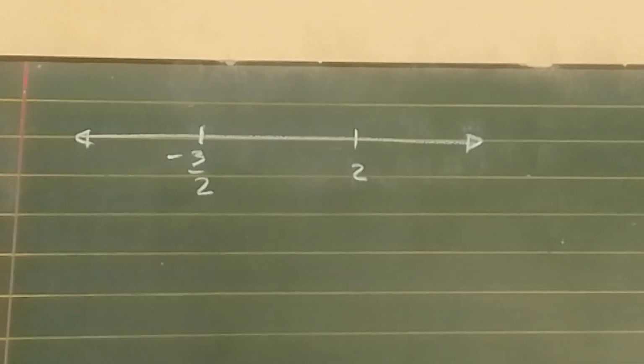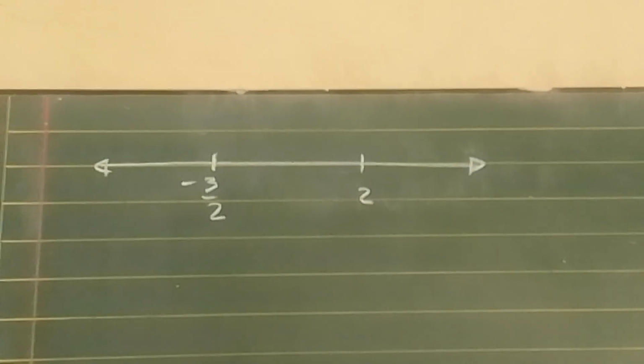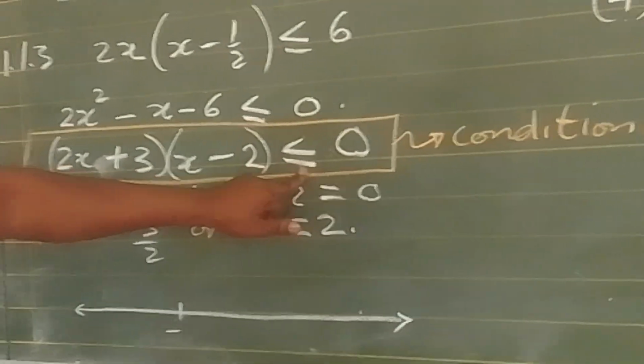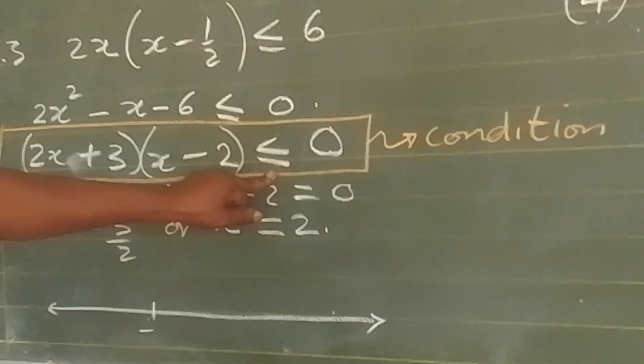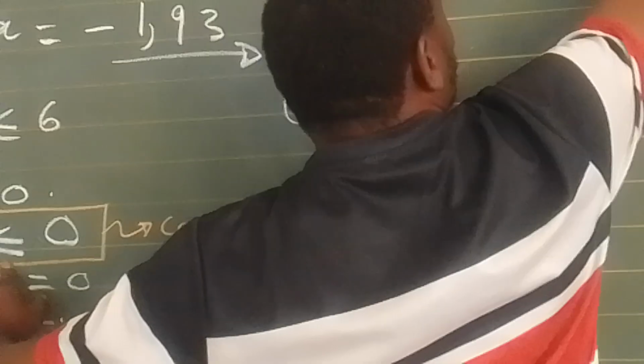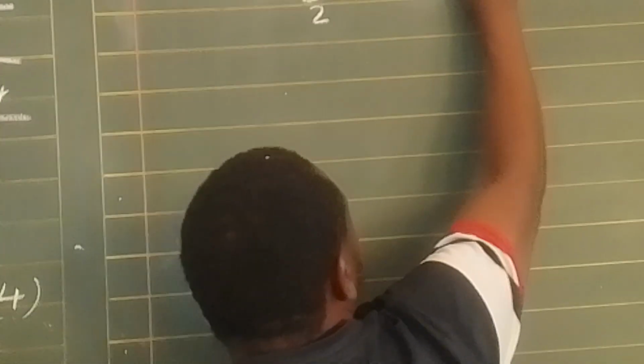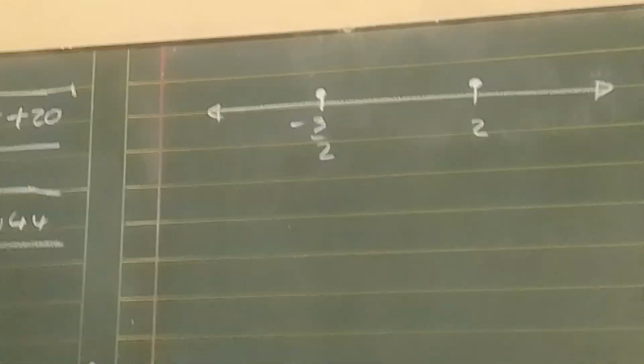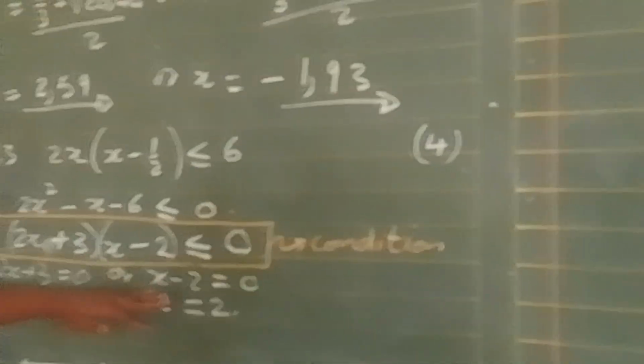Remember, this inequality sign, this one, is less or equals to 0. It means that we must shade our critical values, meaning inclusive, right?